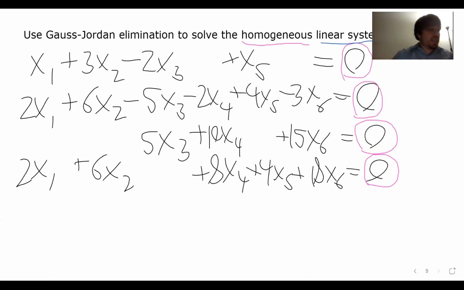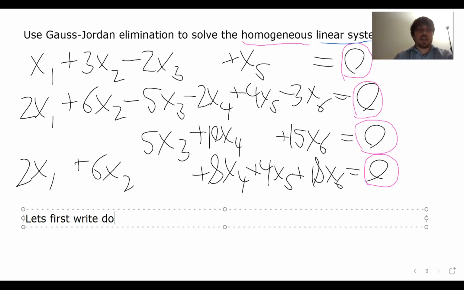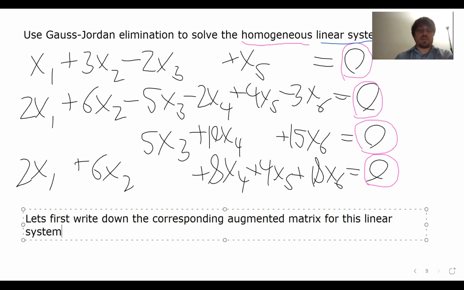Okay, so let's first write down the corresponding augmented matrix for this linear system. Every time I say that, it's a mouthful.